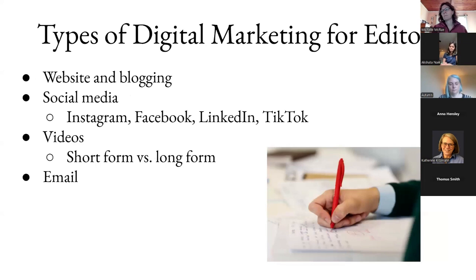So let's look at some of these different types of digital marketing that I think are helpful for editors. Your website, first of all, is what I call your home on the internet. And I tell the beginning editors in my course that I don't think you have to have a website when you start off. You can have something like a LinkedIn profile. But I do think that as you're ramping up your business, you do need to have a website, especially because we're working with academics.